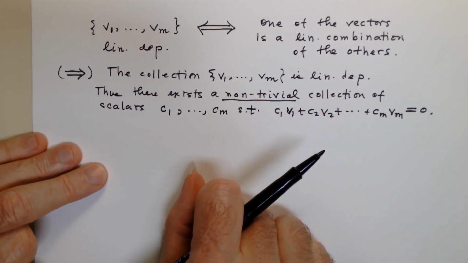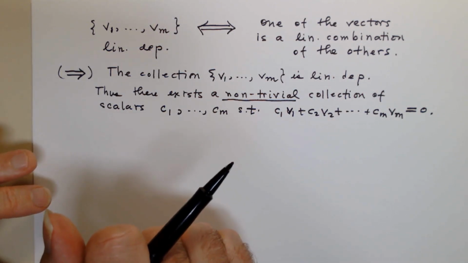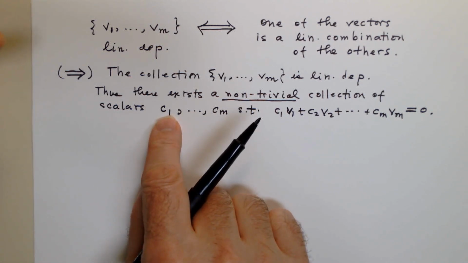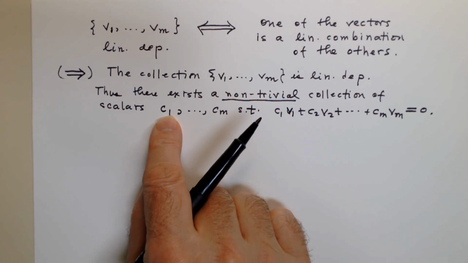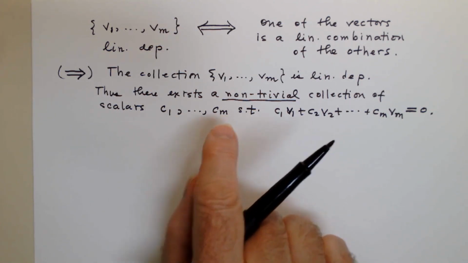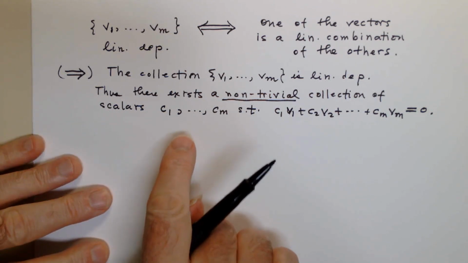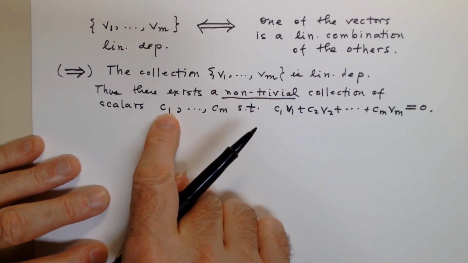All right, so let's just say for the sake of argument that C1 is the one that's different from zero. Now, it might be C2, it might be C3, it might be the last one, but that's actually not germane to the argument. The argument is that we know that one of them is not equal to zero. Let's just say, to keep the argument moving along and not make things overly difficult to articulate, that C1 is not equal to zero.